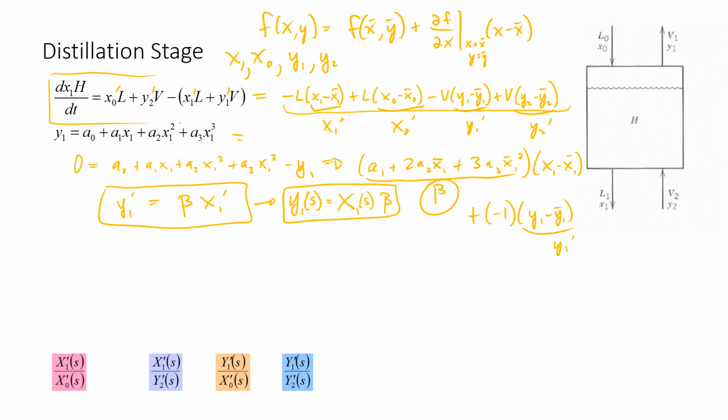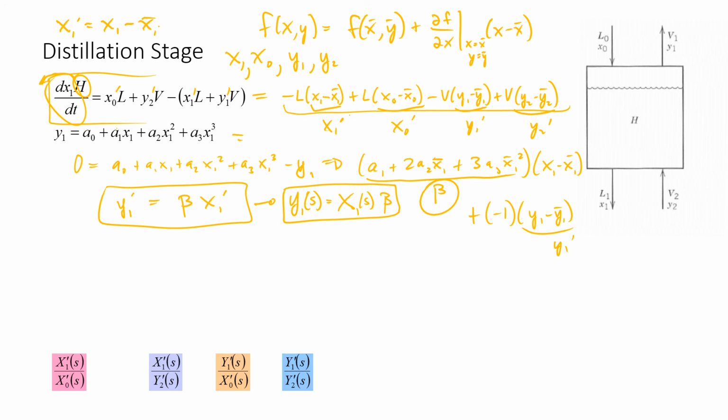So let me now go ahead, and with h constant, that can come out front. And so then I'm going to have this dx1/dt. If I plug in x1 prime equals x1 minus x1 bar, that's just the definition of a deviation variable.